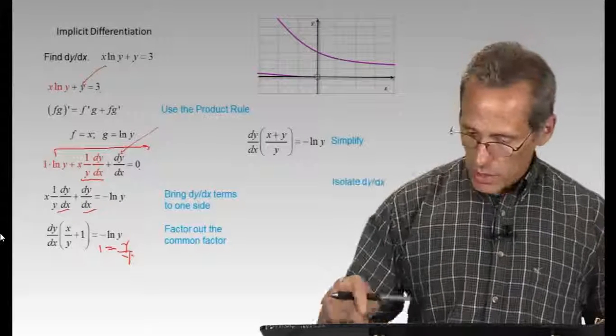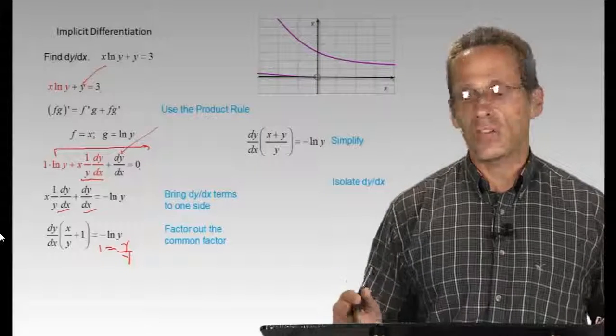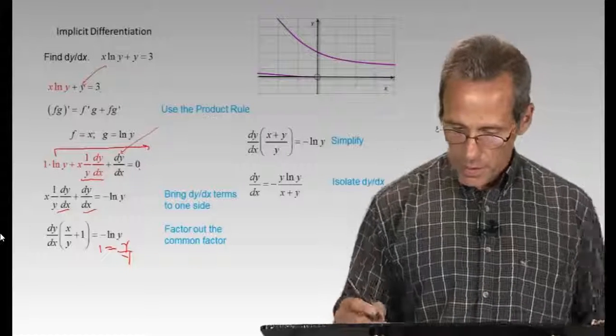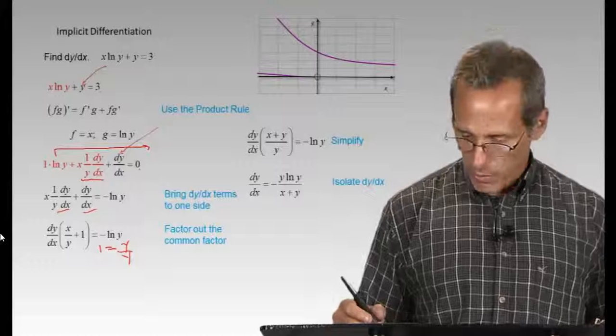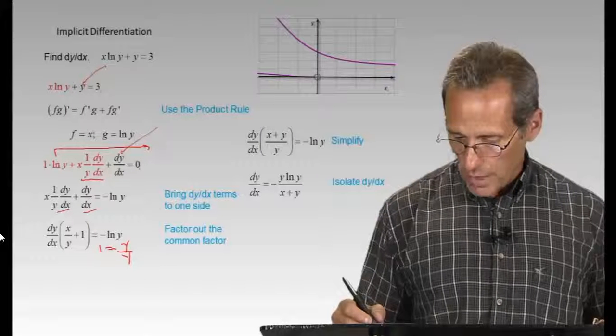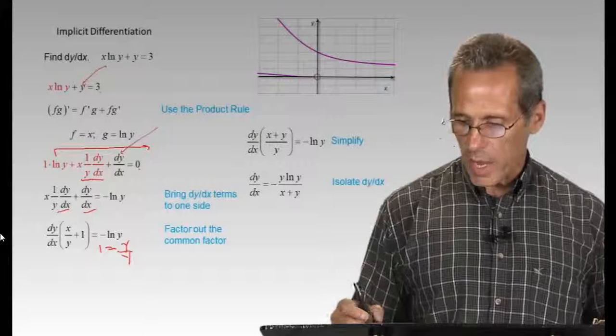That way, when we proceed to isolate dy/dx, we will invert and multiply, and we end up with minus y natural log of y divided by x plus y.